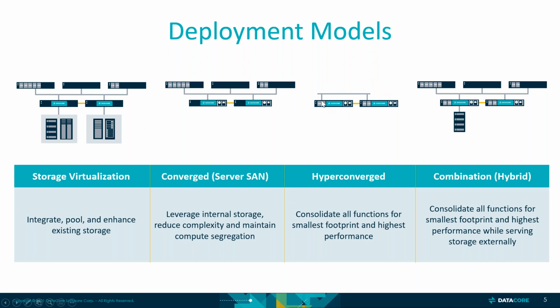And those typically run as a cluster, like an ESXi cluster from VMware or a Hyper-V cluster from Microsoft. That would be the hypervisor of choice in many of these scenarios.